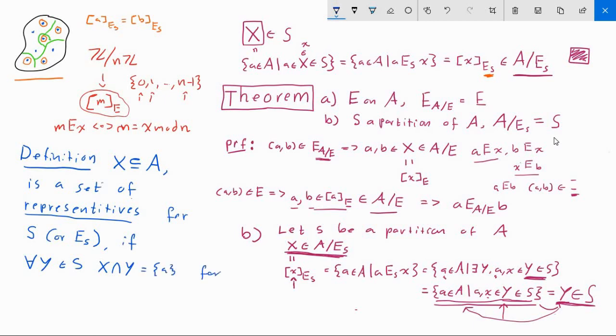That is, it's just a set with one element, being some element of A.